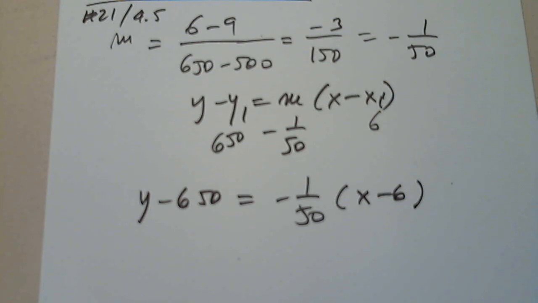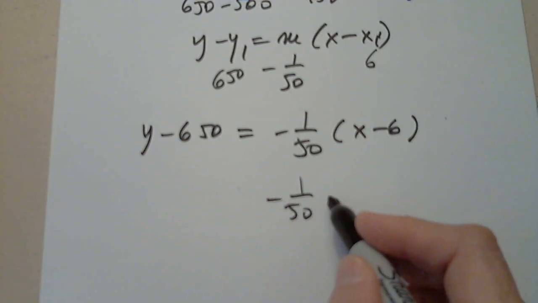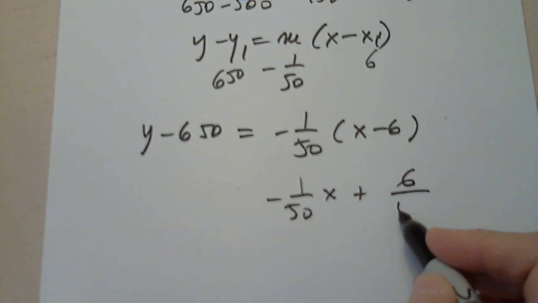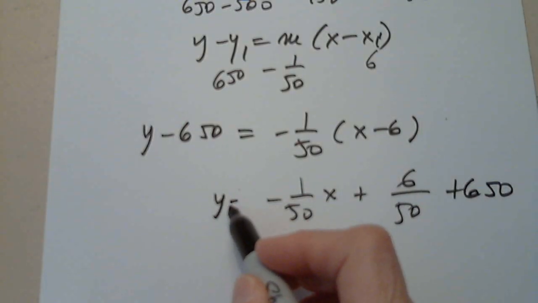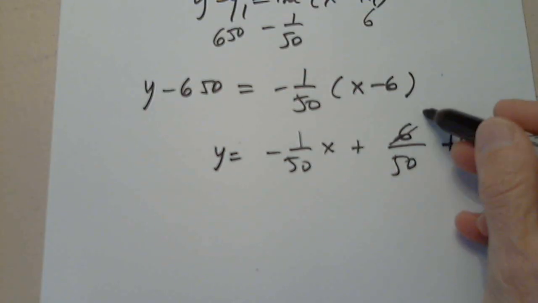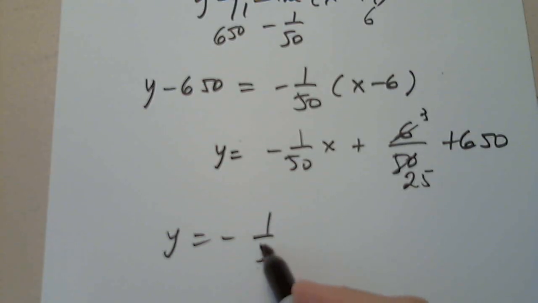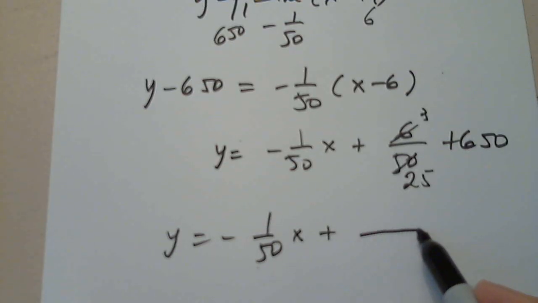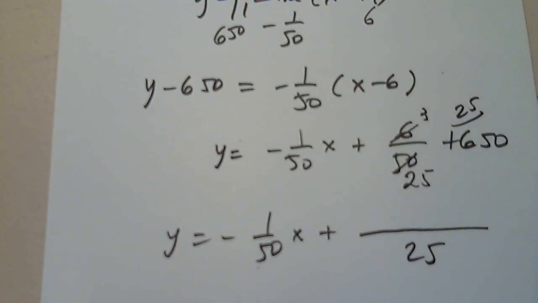Okay, so I haven't finished. I have to distribute negative 1/50 x, but plus 6 over 50 and plus 650. If I simplify this by 2, I get this. And the least common denominator is 25, and this needs to be multiplied by 25.